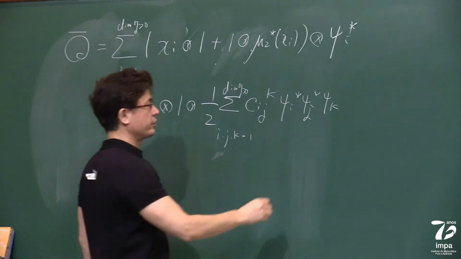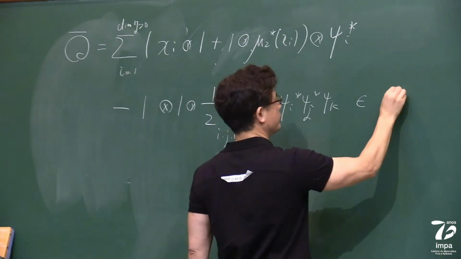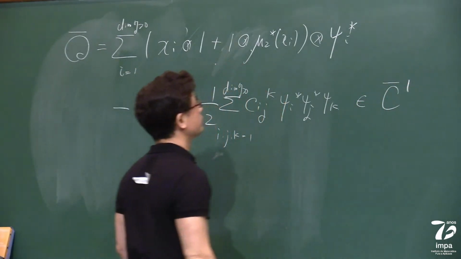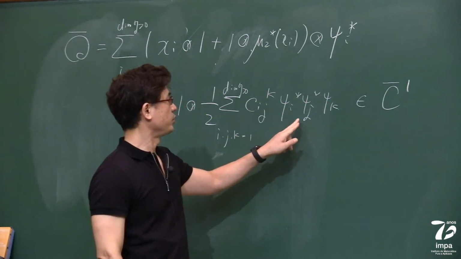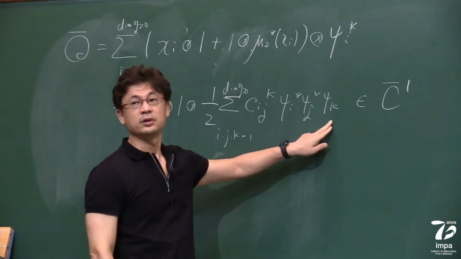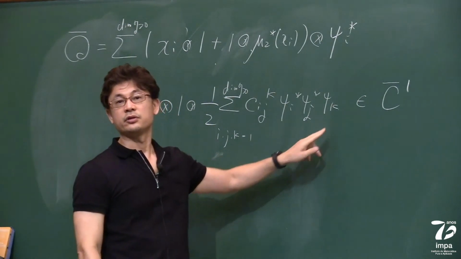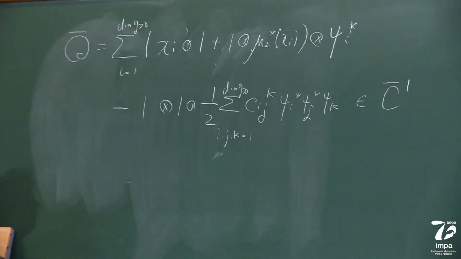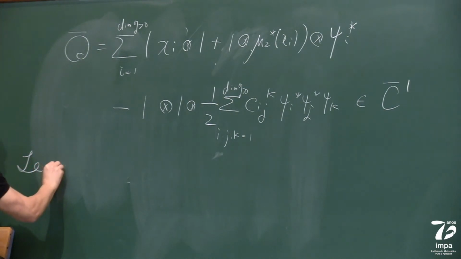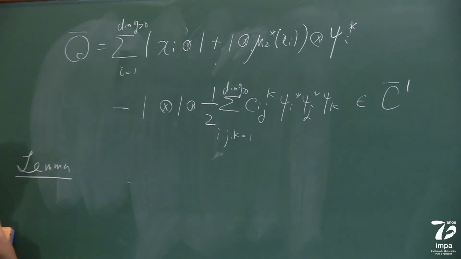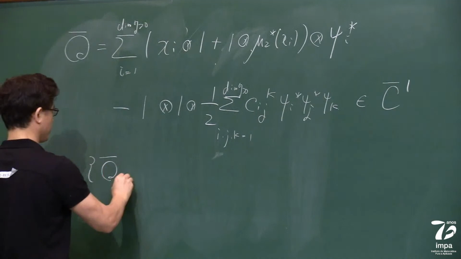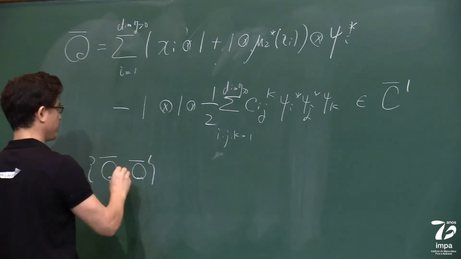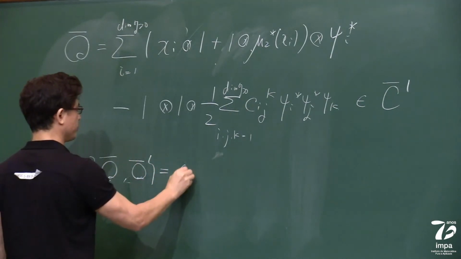So this is an element of C bar 1 because this one has degree 1 and this has degree 1, this has degree minus 1. So in total, all elements have degree 1. And then you can show either by computing or conceptually that the Poisson super bracket of Q bar with itself equals 0.